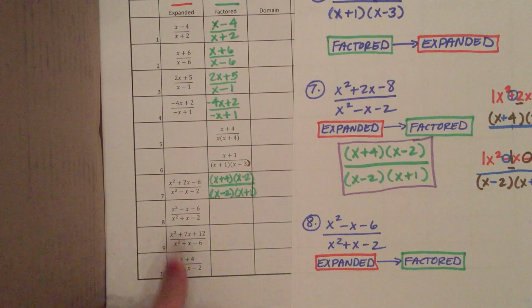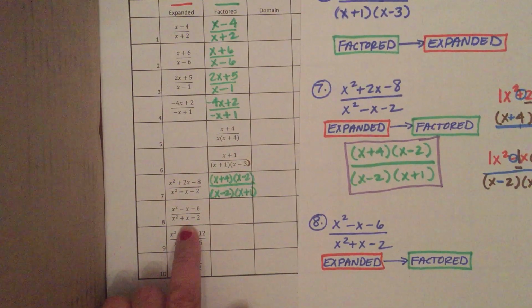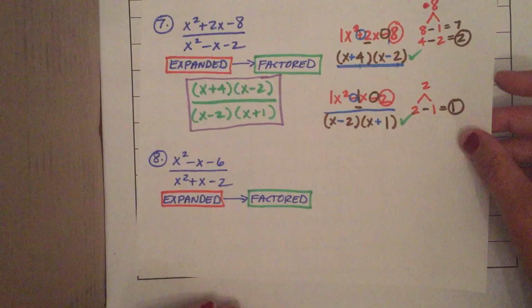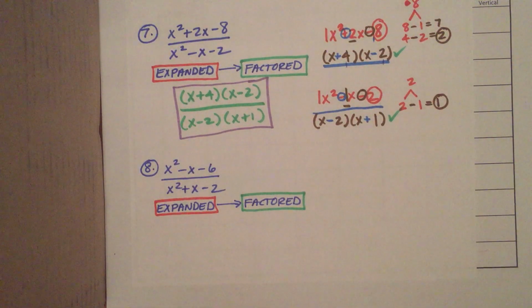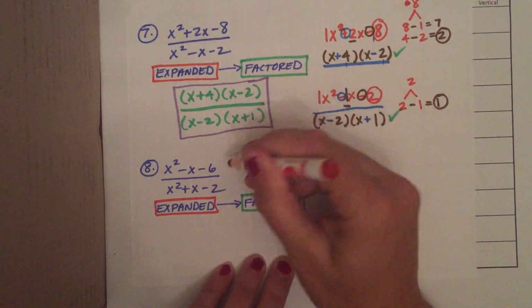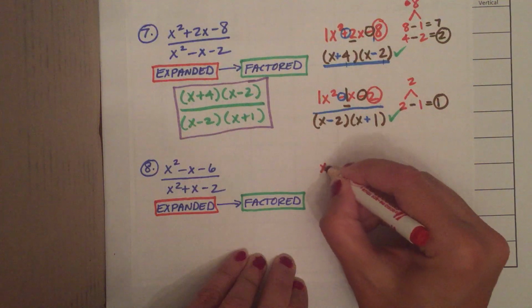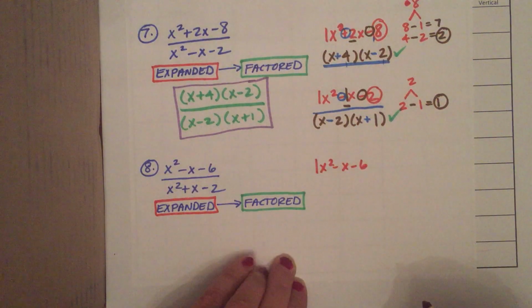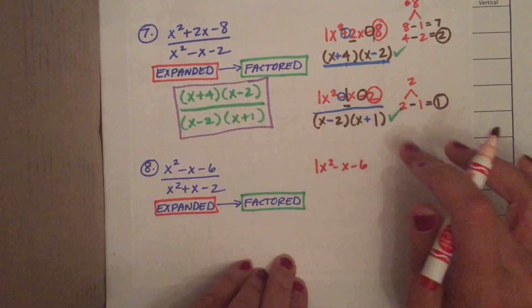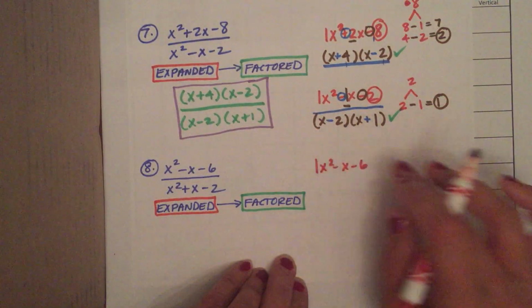So let's look at number 8. We've got another situation, same thing. So I'm going to look at number 8, and I've written number 8 out again as well so we can see it. And again, we're going from expanded to factored. So I'm going to take the numerator, which is x squared minus x minus 6. Again, these are all nice and set up with an a value of 1, so you don't have to do the multiplying a times c first.